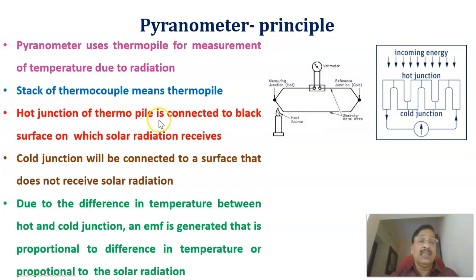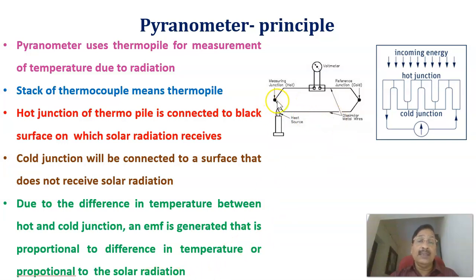Therefore, the hot junction of the thermopile is connected to the black surface on which the solar radiation is received. Where the solar radiation is received, the temperature rises. That is the hot junction of the thermocouple. And the cold junction will be connected to the surface that does not receive the solar radiation. Due to the difference in temperature of the hot junction and cold junction, an EMF will be generated that is proportional to the difference in temperature, which is proportional to the solar radiation.